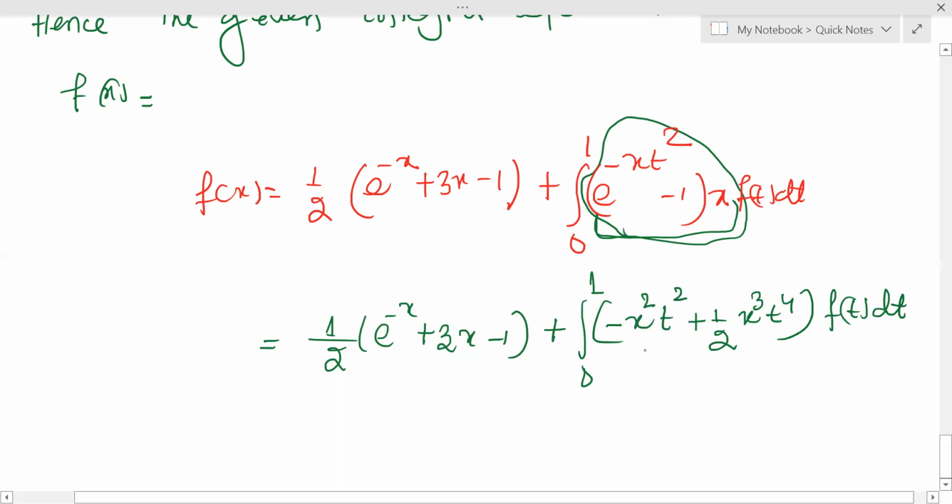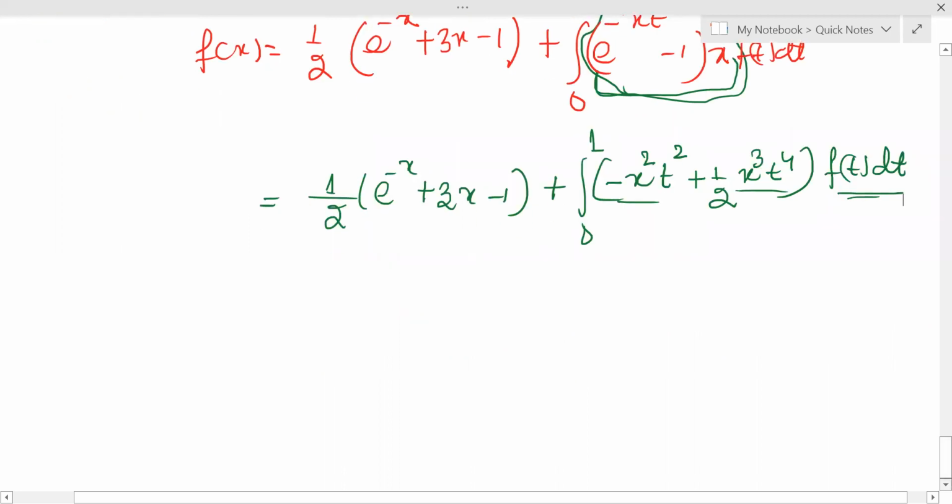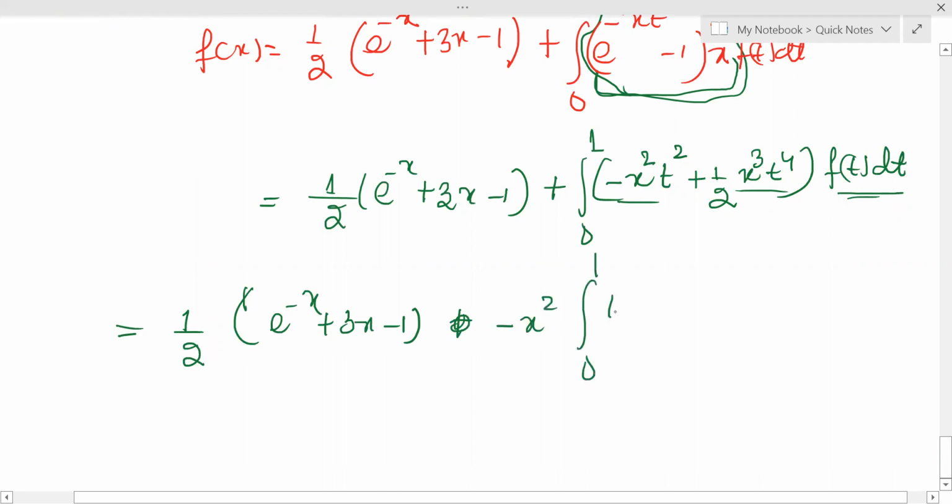Just you can separate this function, this one and this one. One by two e to the minus x plus 3x minus 1, plus integration of this function. This is minus x square integration 0 to 1 t square f(t) dt. Then another function plus 1/2 x cube integration 0 to 1 t to the power 4 f(t) dt.